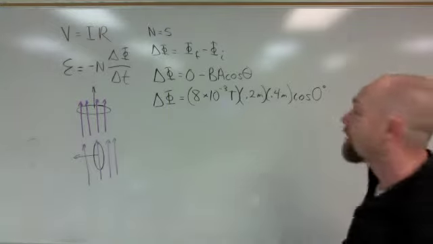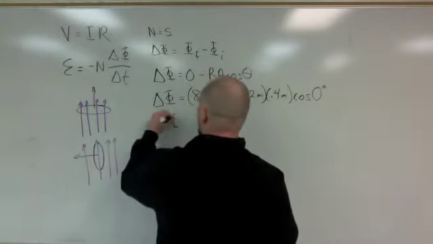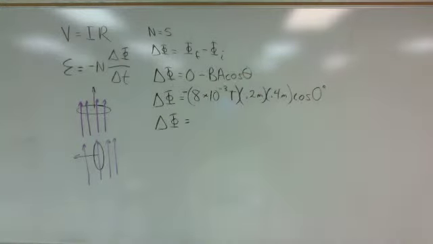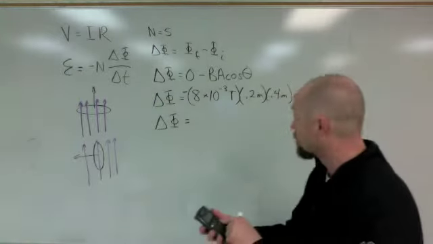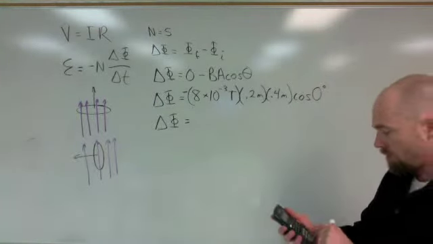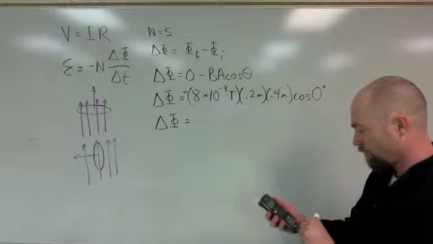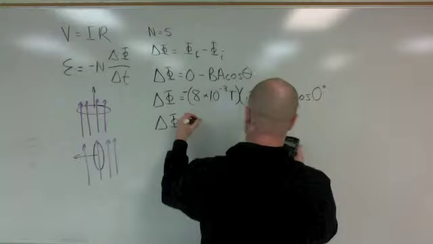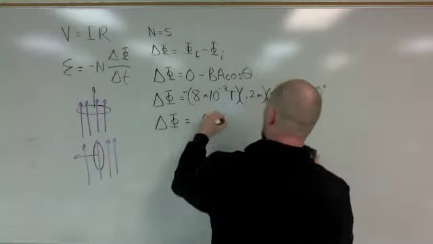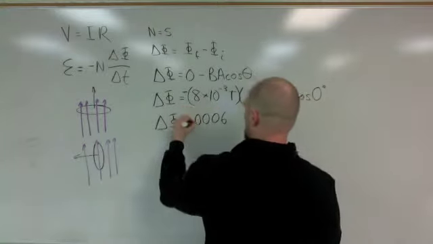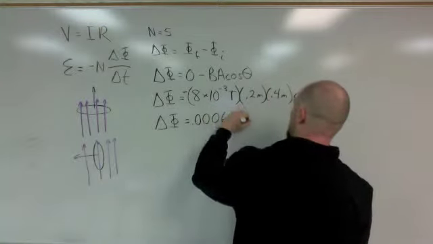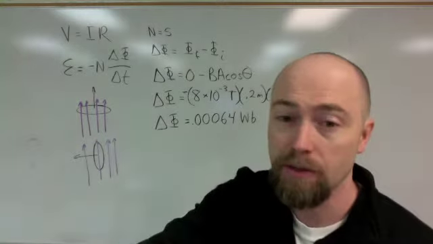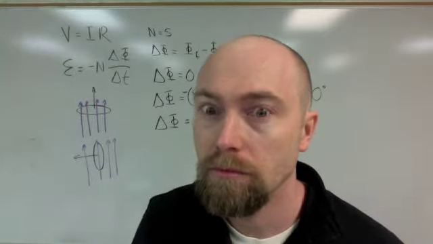So if I plug my stuff in, my change in flux is going to be, actually that is a negative sign, so my change in flux would be, get your calculator out, do it with me, 8E negative 3 times 0.2 times 0.4 equals 0.00064 Webers, or if you want Tesla meters squared, same difference.